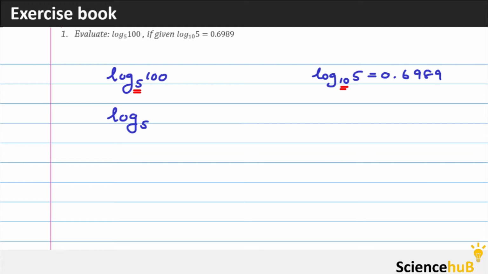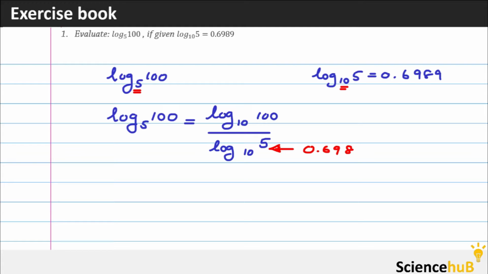So you have to convert the base, right? Log 100 base 5 is equal to log 100 base 10 divided by log 5 base 10. This is given.